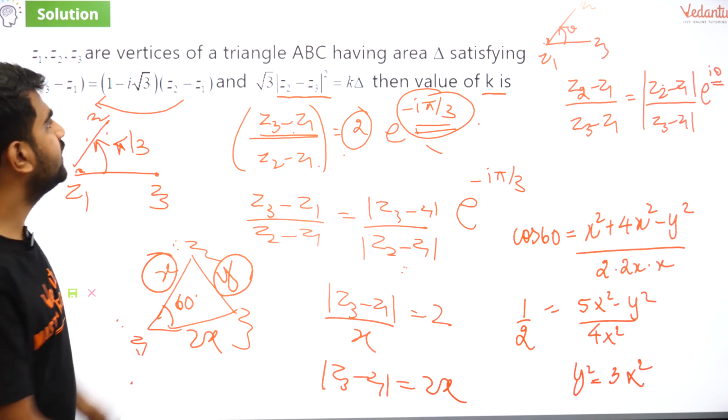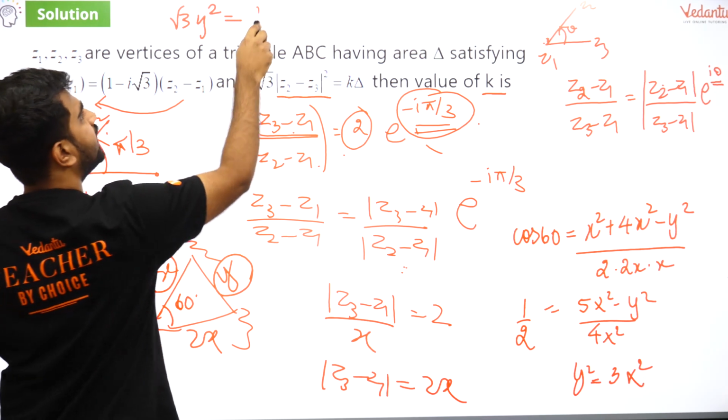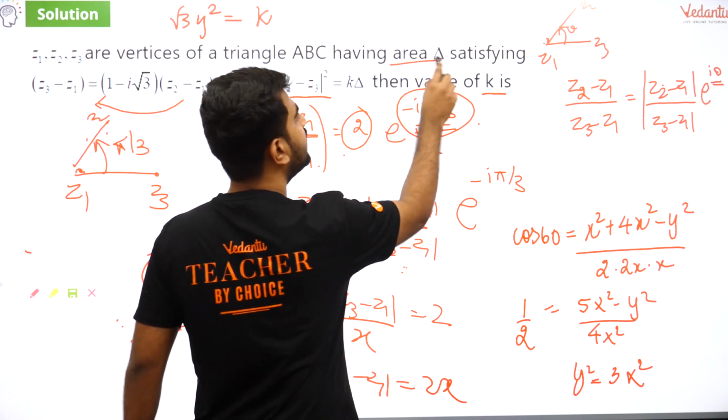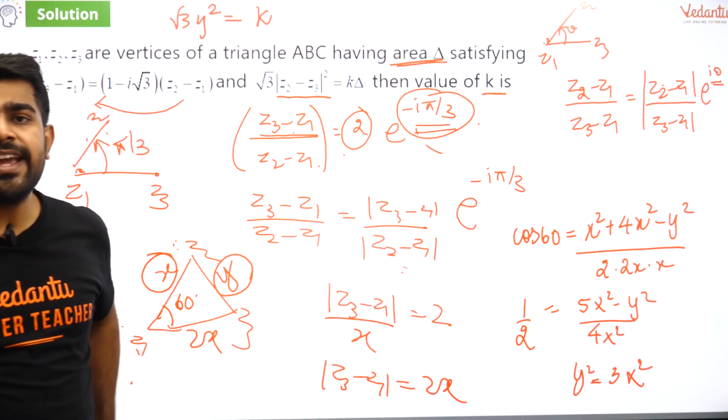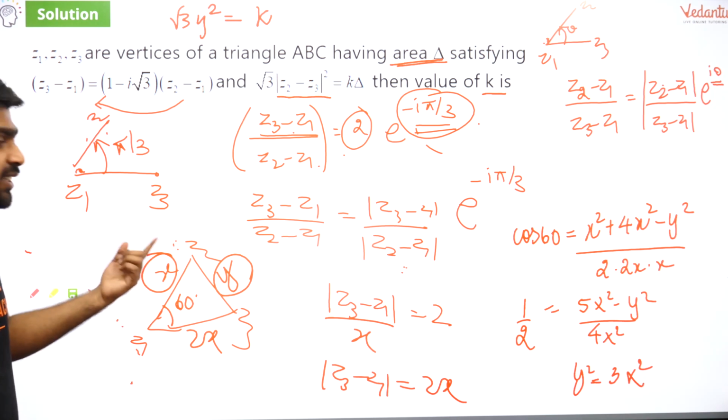Got it? So it is going to be root 3 y square is equal to k times delta. What is delta? Delta is nothing but the area of the triangle. So what is the area of a triangle, guys? Are you all aware of it? Area of a triangle, I can write it using the sine rule.